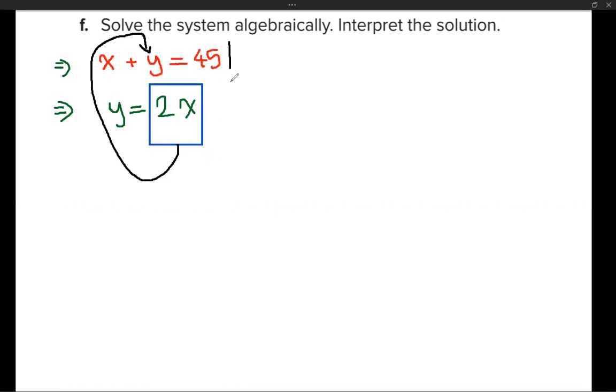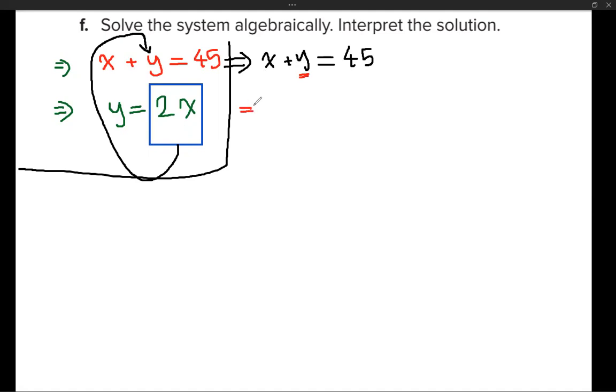So now we are substituting in the first equation. We need to rewrite the first equation again, which is x plus y equals 45. This is the first equation. Now we need to substitute the value we know. We know that y is equal to 2x, so we can rewrite the equation.